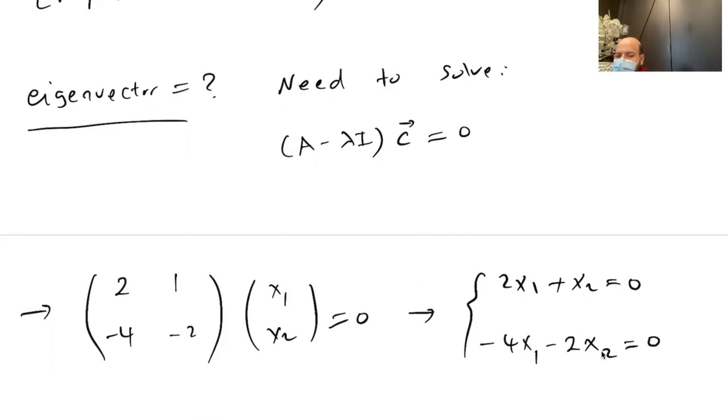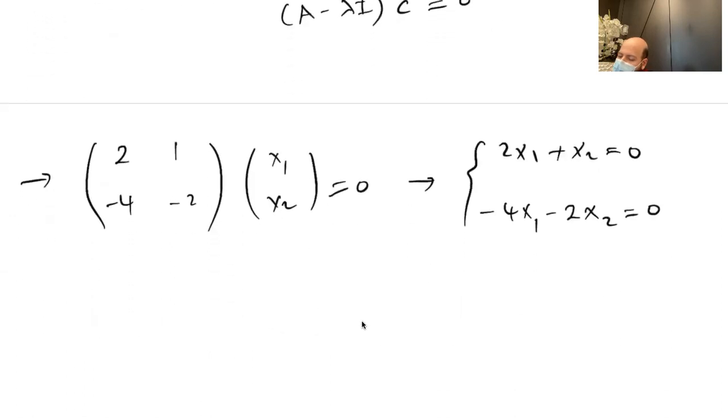As you can see, this equation is a repetition of this equation. You only need to multiply both sides of this equation by minus 2, and then we get this equation. And we saw before that in this type of question, the other equation is a repetition of the first one. Sometimes it's obvious, like in this example, sometimes not obvious. So here I can consider only one of the equations, let's say the first one, and then I can find x2 in terms of x1. x2 is minus 2x1.